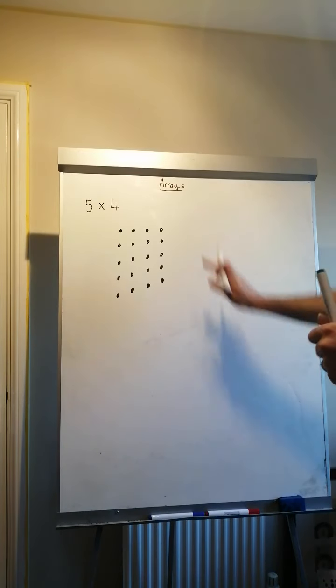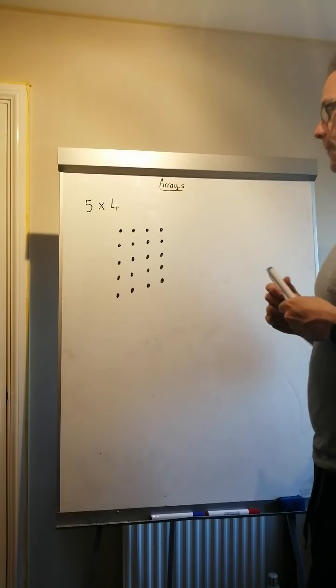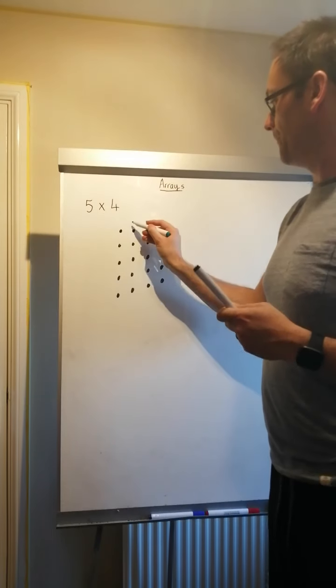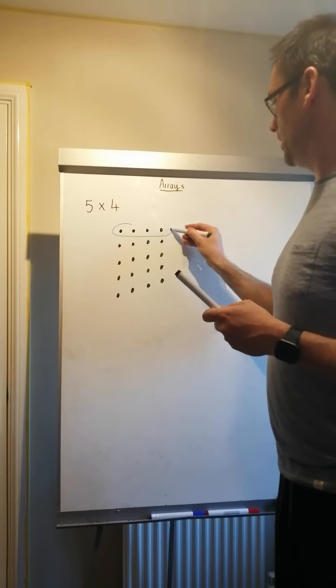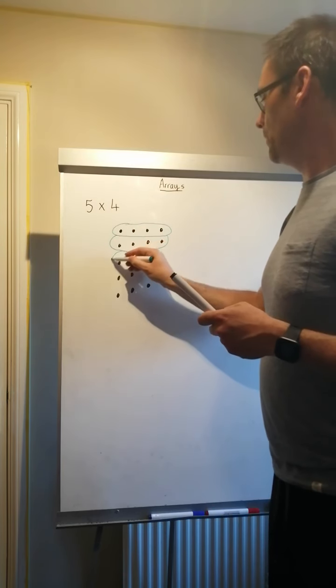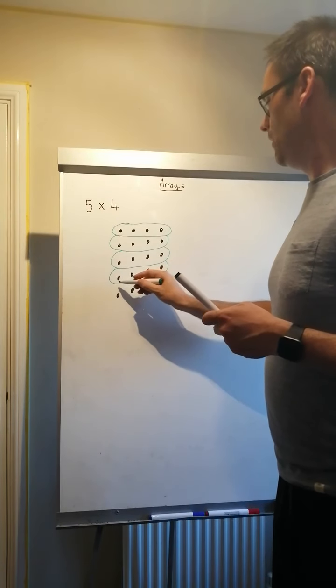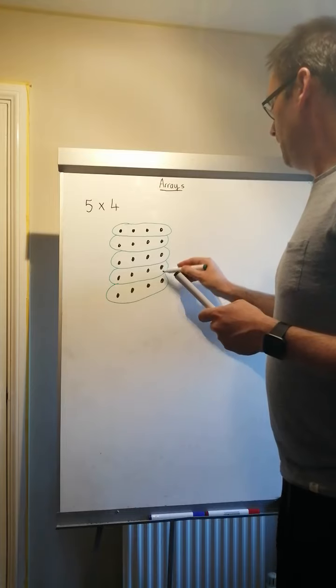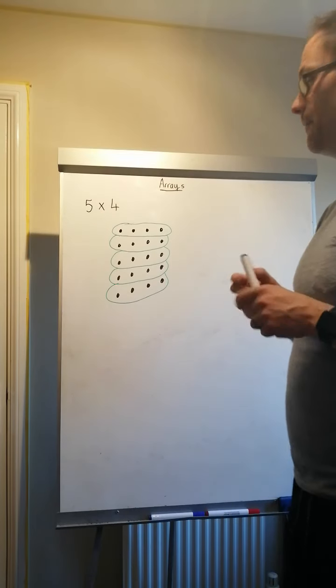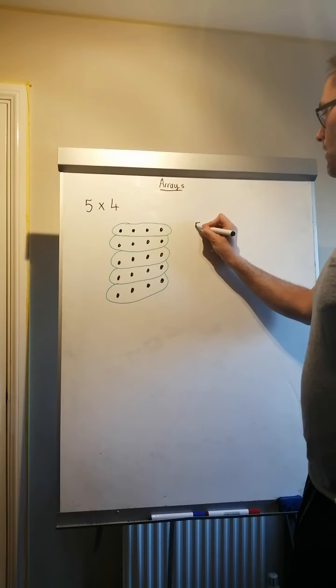Okay, so 1, 2, 3, 4, 5 lines of 4. Just to show it, I'm going to draw my groups. 1, 2, 3, 4, 5. Okay, so I know that's what I've started with.